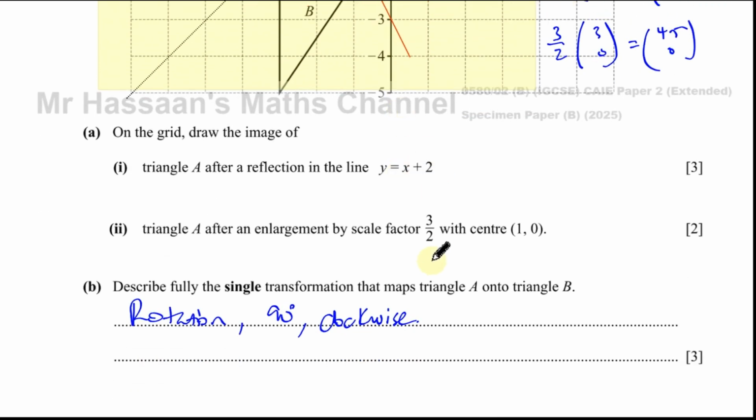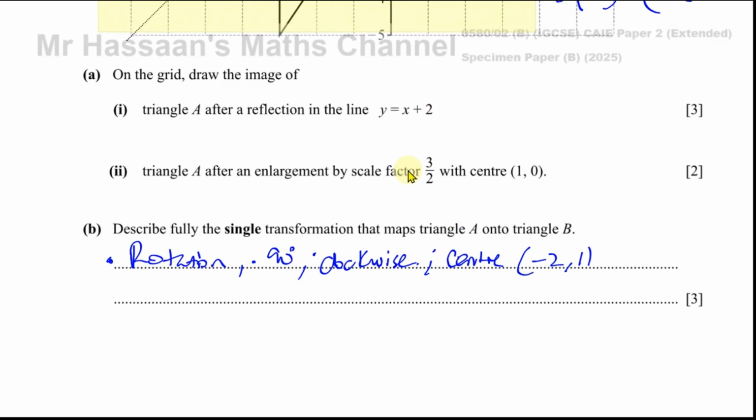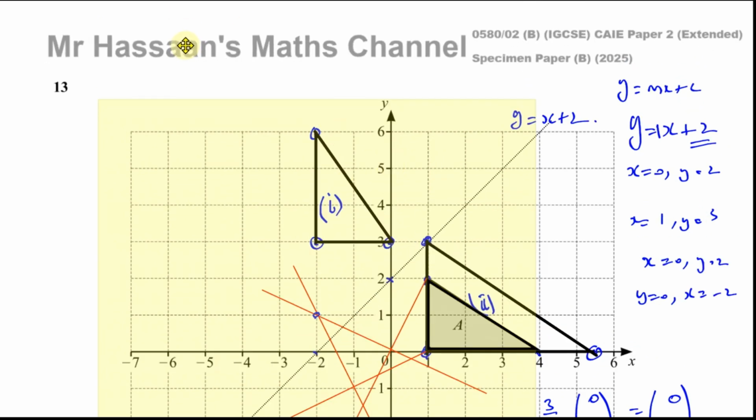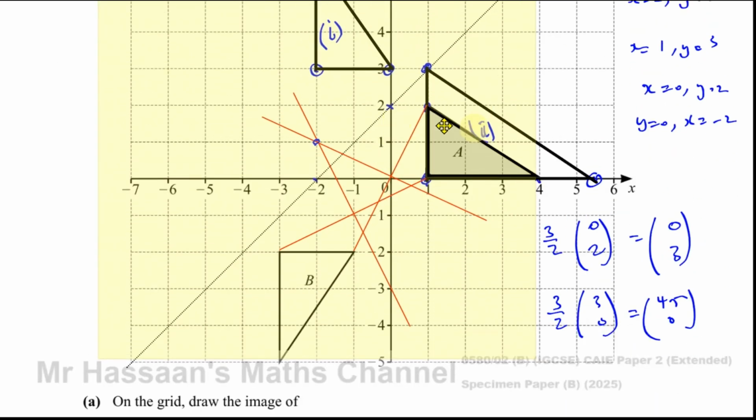So here we're going to write with center (-2, 1). So here we have rotation, angle, direction, center, 4 points needed to get these 3 marks. So there we have the answer to question number 13, which is all about transformations. I hope that was clear.